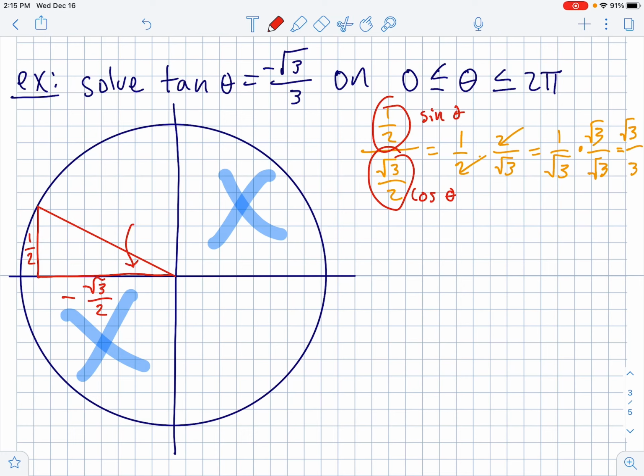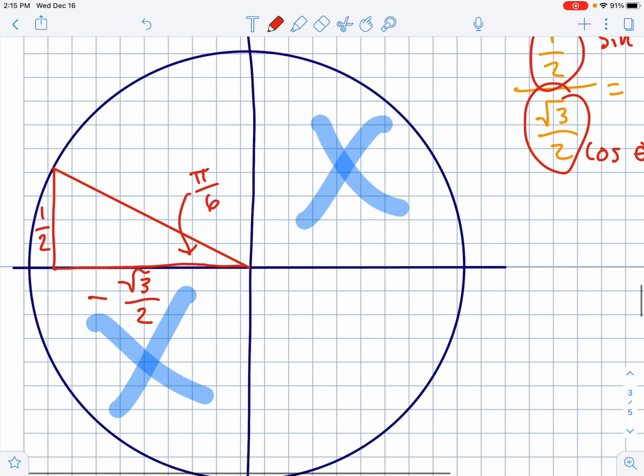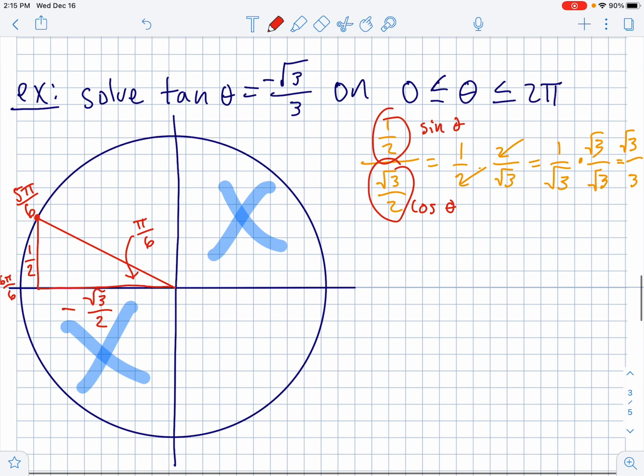This reference angle right here is pi over 6. 30 degrees is the same thing as pi over 6. So that's pi over 6 back from 180. 180 is like 6 pi over 6. So if you back it up 1, that means this spot is 5 pi over 6. So that's one of our answers. That means tangent of 5 pi over 6 is negative root 3 over 3.